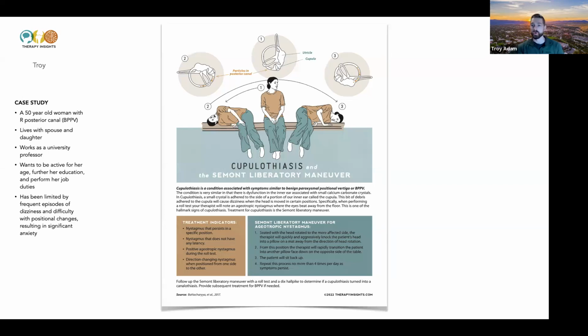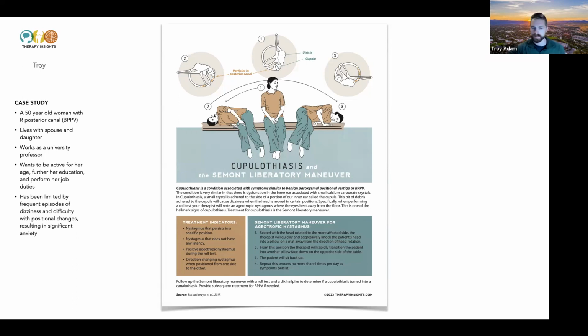So classic would be the Epley maneuver. That's what we do in the United States. If you're in Europe, for the most part they treat everybody, instead of with an Epley, with what's called a Semont or Liberatory maneuver.